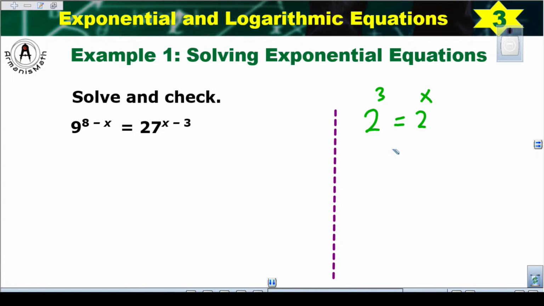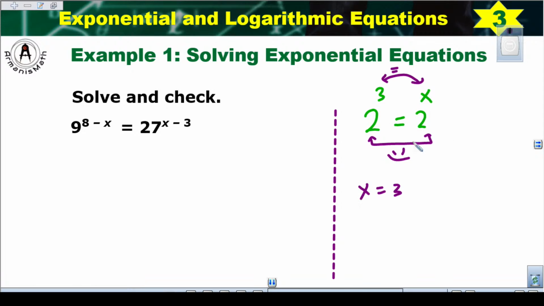Since I have the same base on both sides of the equal sign, the exponents should also be equivalent. So in this case, x equals 3. As simple as that.